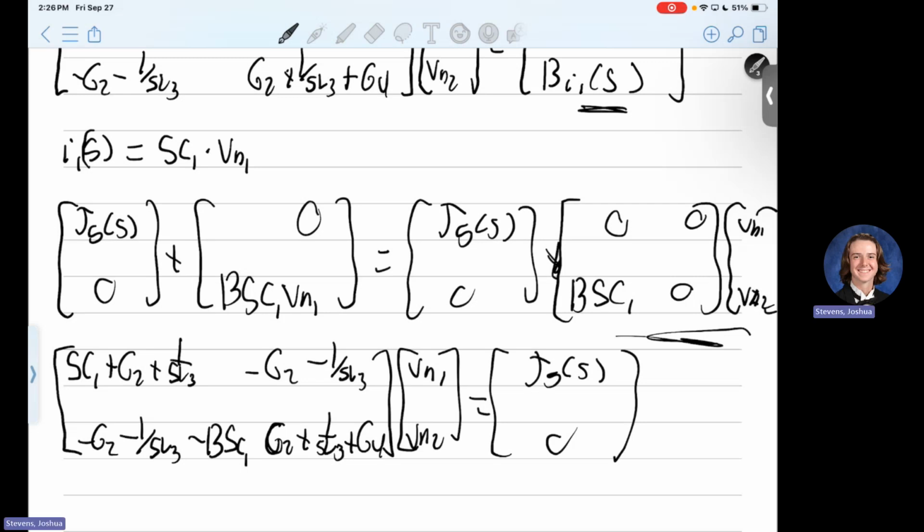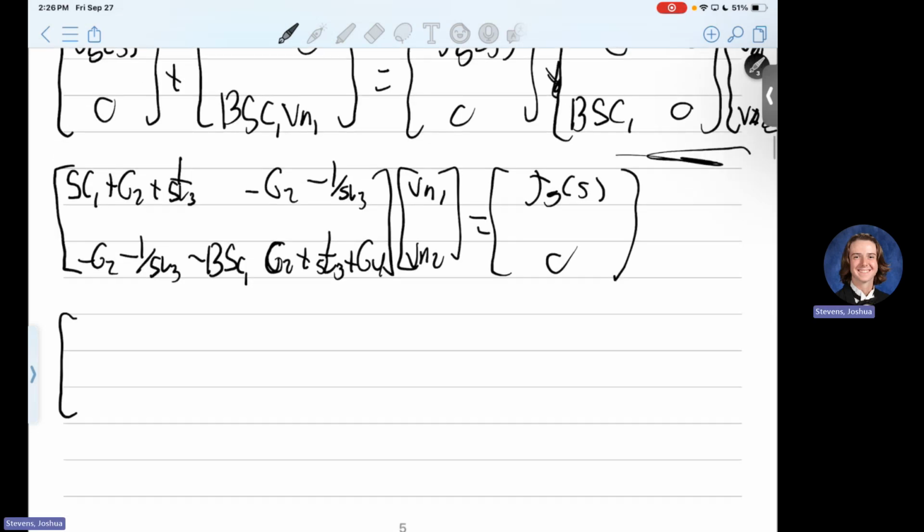Okay. When you plug in the values, you'll get this: 2s plus 2 plus 2 over s. Okay. So when we plug in the values for this here, we get 2s plus 2 over s. When we plug in the values here, we will get negative 2 over s. We're good?